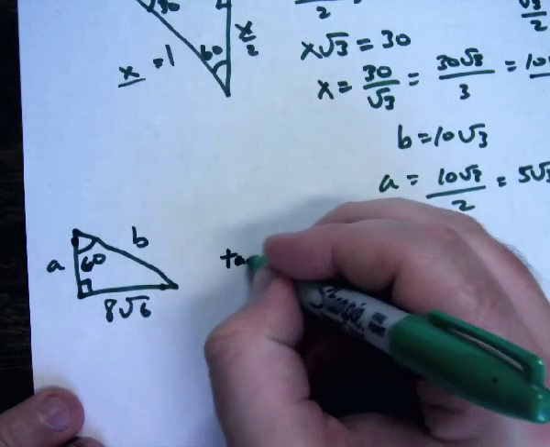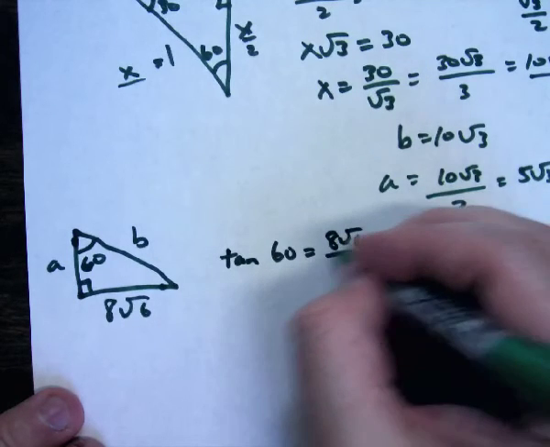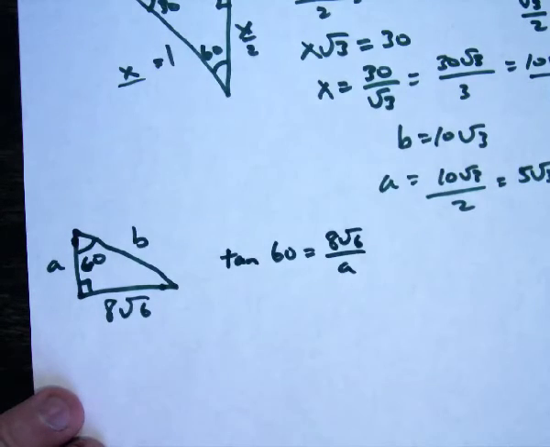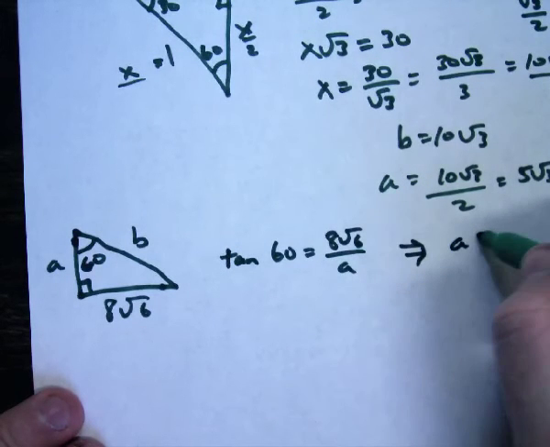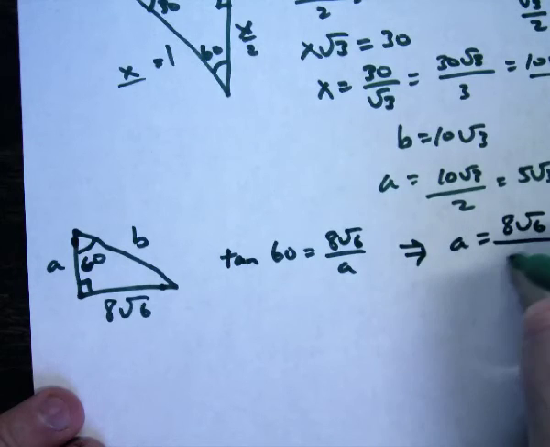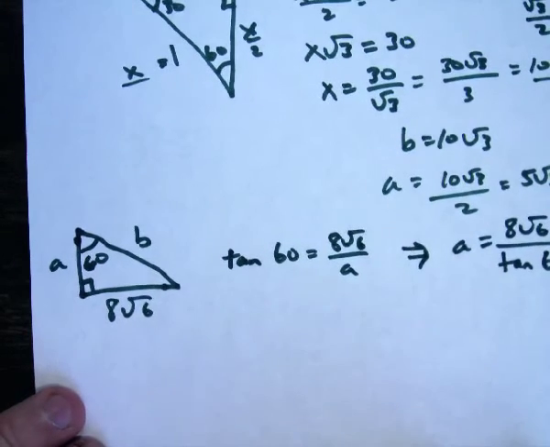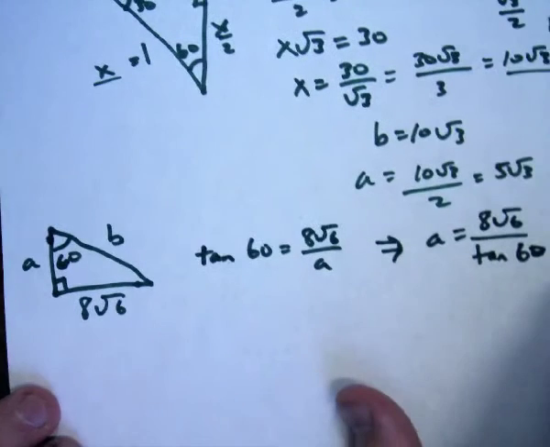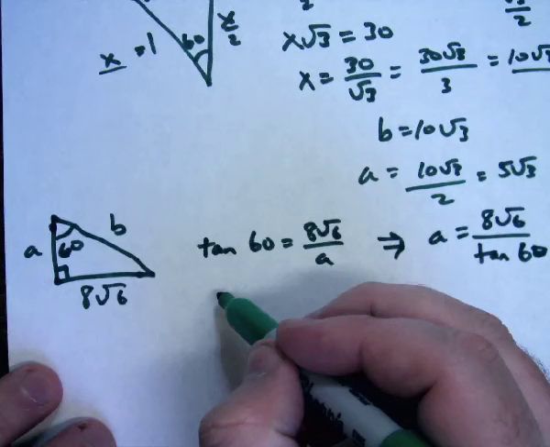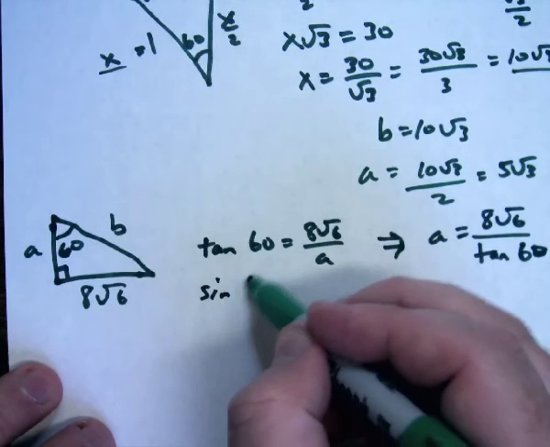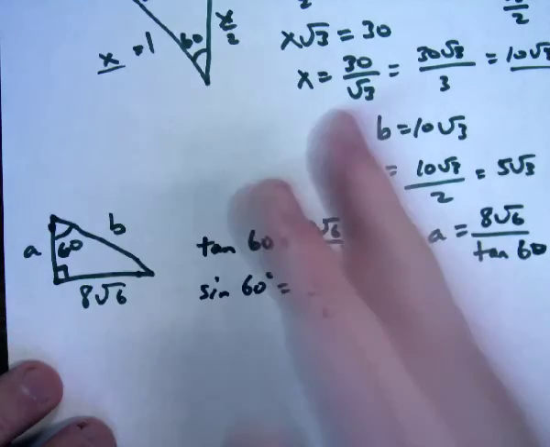I'm going to go tangent 60 equals 8 root 6 over a. And so that means that a equals 8 root 6 over tangent 60. And you already told me what tangent 60 is, so you can figure that out. Okay, and you can do something similar with b, except you're going to use sine. You would use sine 60 equals 8 root 6 over b, and solve.